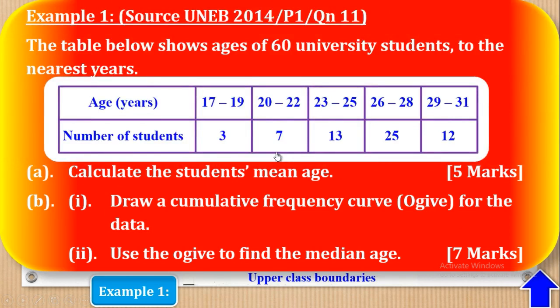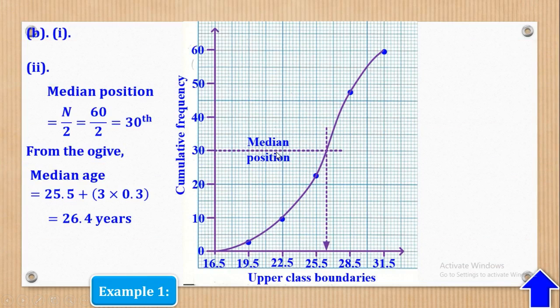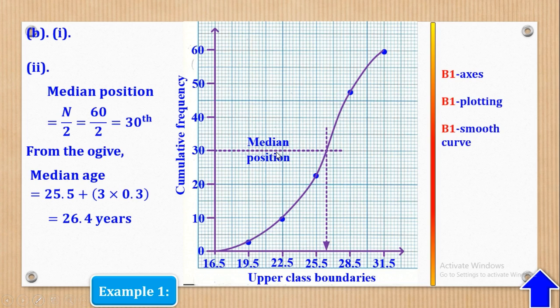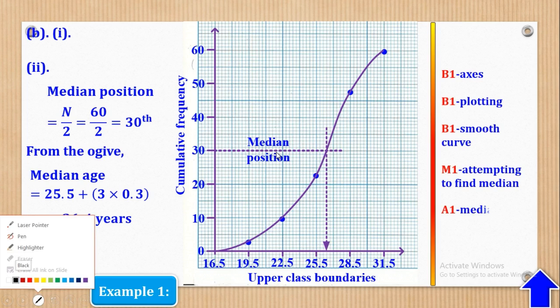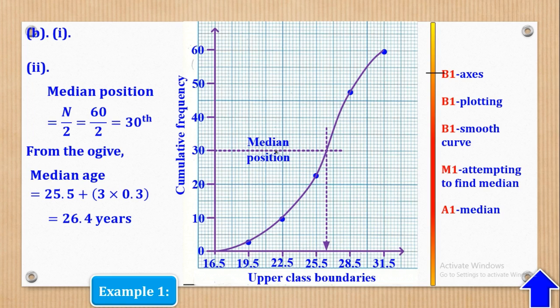Now let's see how marks can be awarded. B1 is for you to draw both the horizontal and vertical axes, well labeled and with the correct scale.